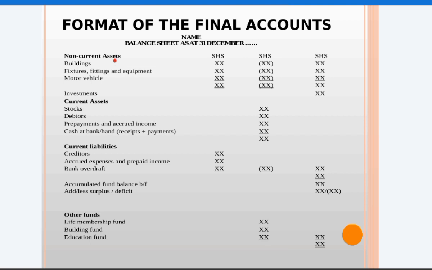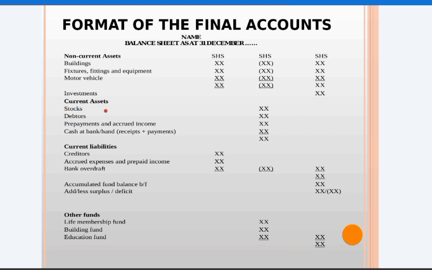So the first segment is where you present non-current assets, and of course, you present them at their cost, their accumulated depreciation, and then the net book value. Then you present current assets.